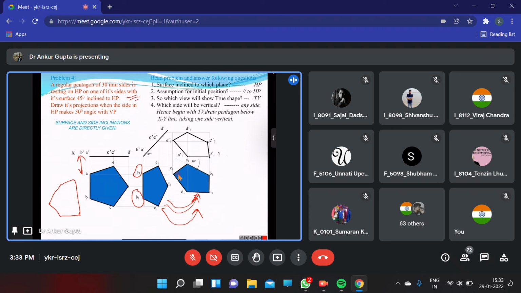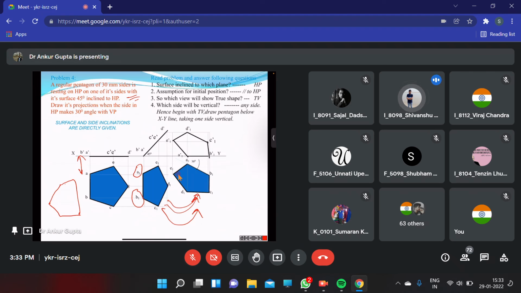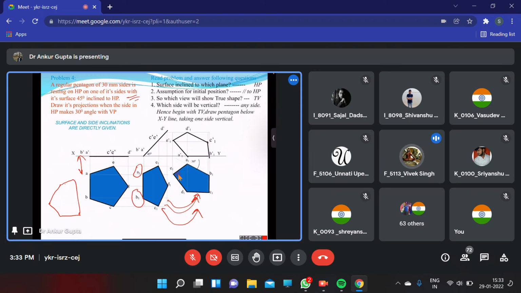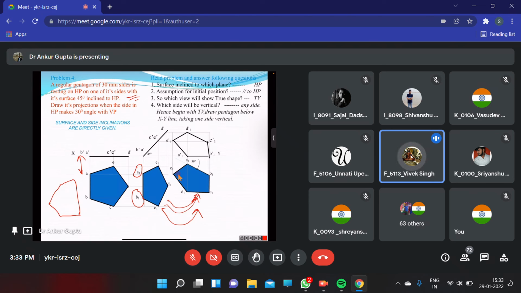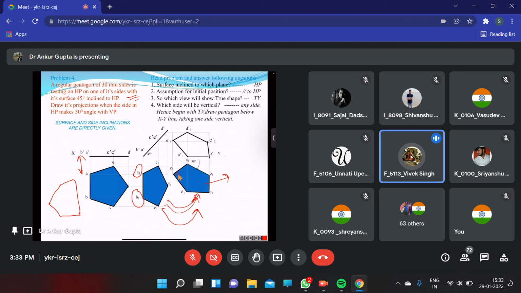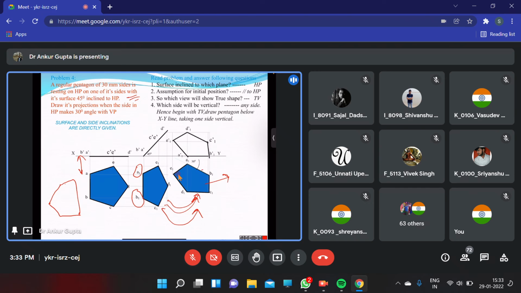Okay. I hope this problem is clear to most of you. Is there any doubt? Sir, I don't understand how it's 30 degree inclined with the previous image, that third one. This one? Yes sir, it's not looking like it's 30 degree rotated.